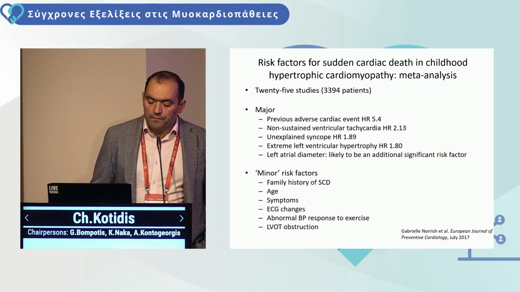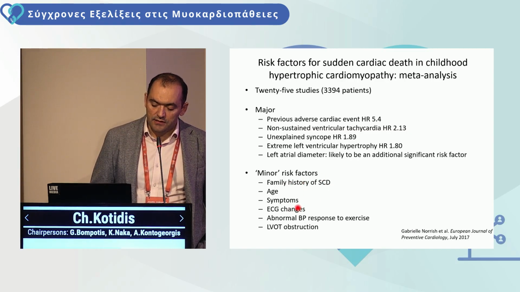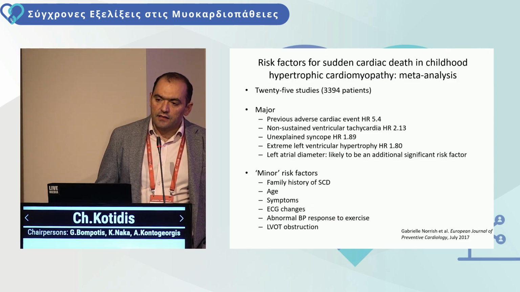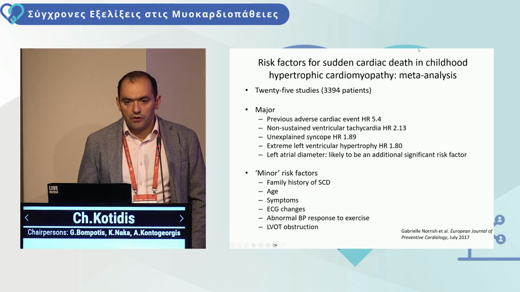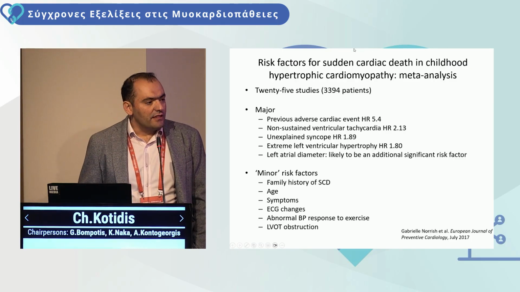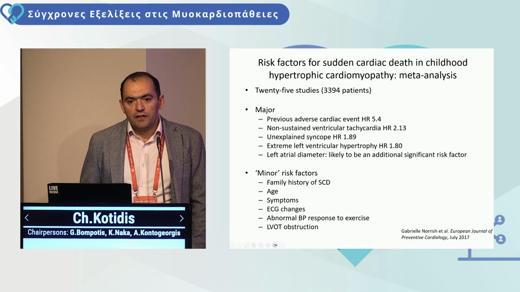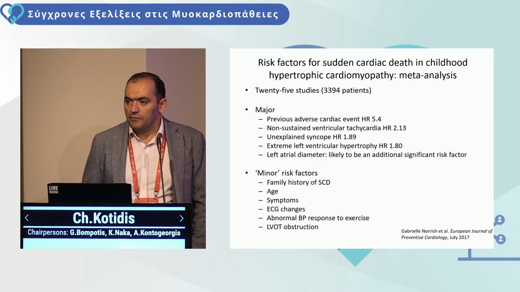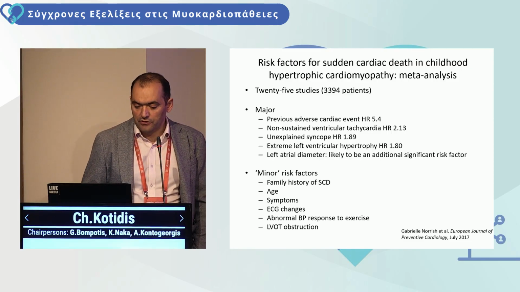We have to understand all the minor risk factors. They have a hazard ratio close to 1, and this is family history of sudden death, age, symptoms, ECG changes, abnormal blood pressure response to exercise, and LVOT obstruction. Late gadolinium enhancement is nowhere there, because it takes time to build a scar in pediatric population.